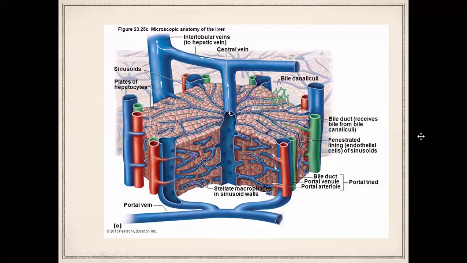So this is now your lobule, the lobule of your liver. You have here the central vein, found in the center of the lobule. At the periphery, at the hexagonal corners, 1, 2, 3, 4, 5, 6, you have your triads.